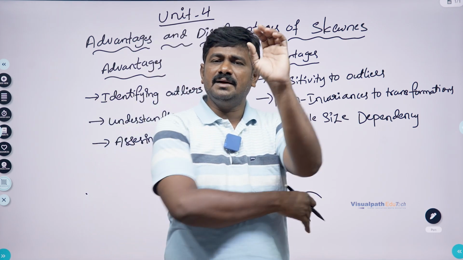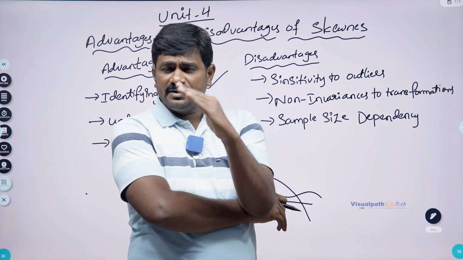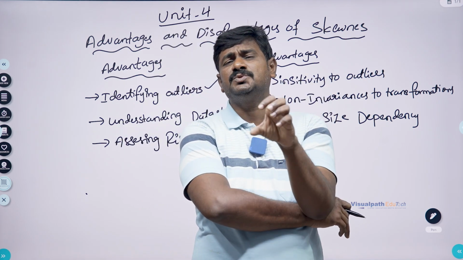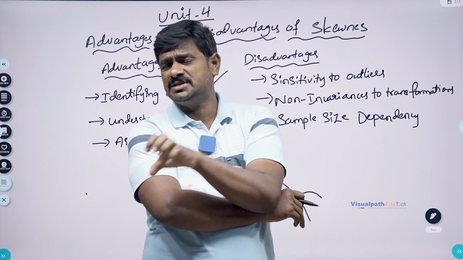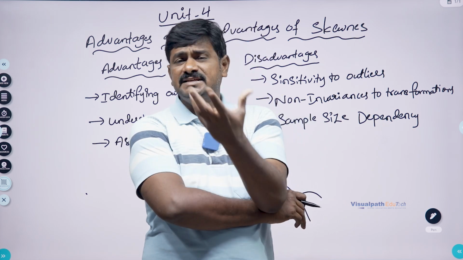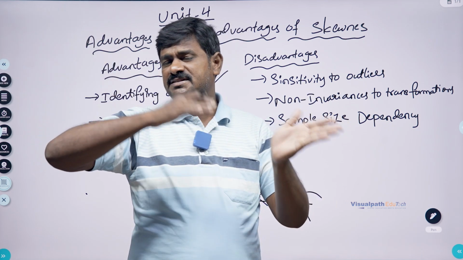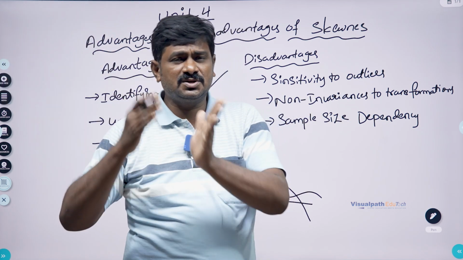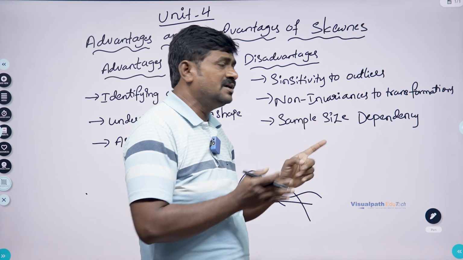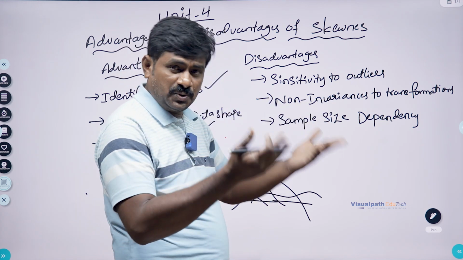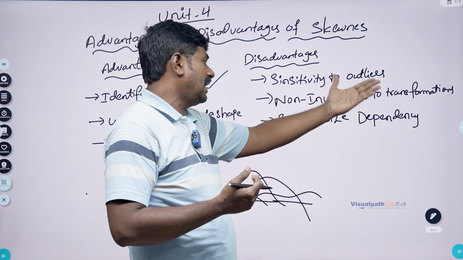For example, in a particular class the lower limit may be 10 marks and the upper limit 90 marks, but most of the students got marks between 60 to 70 or 50 to 60. The upper and lower limits will still be 10 to 90, so the curve may come out differently and the skewness may be different. Extreme values may affect the situation because of this sensitivity to outliers.